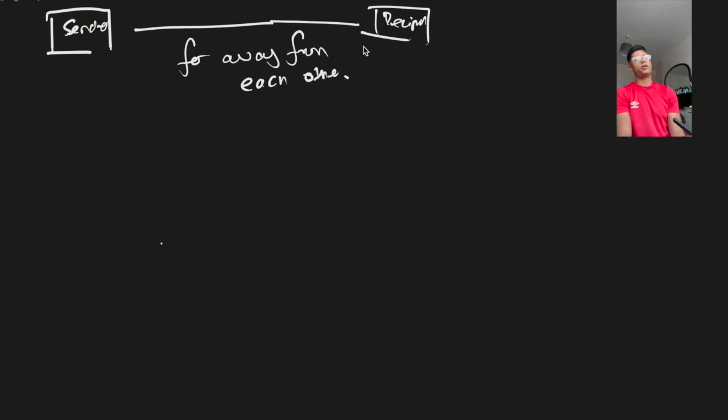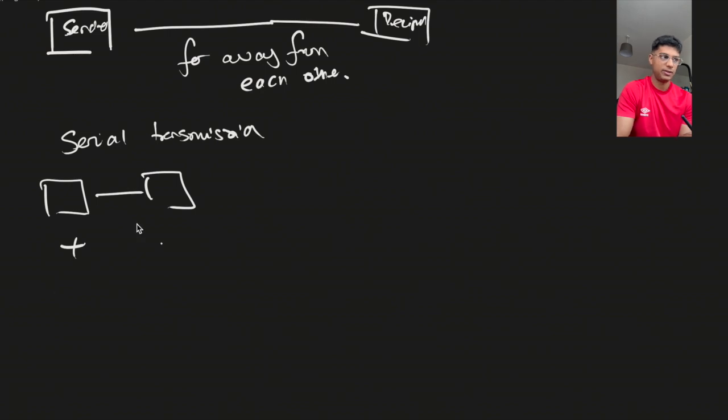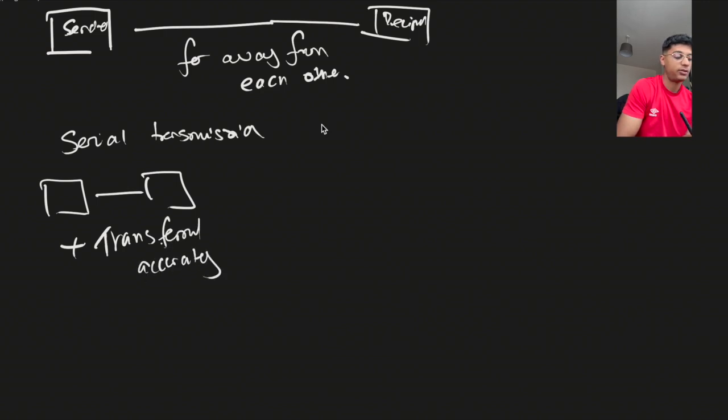Now, what could a potential problem be from this? Say we're using serial transmission. Just to recap, serial transmission is where we have one transmission line. The positive from this is that data or the information is transferred accurately, and that's one positive from serial transmission.